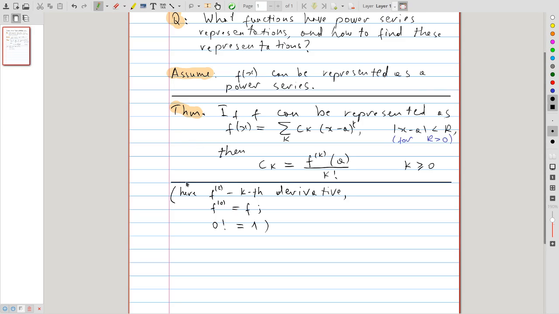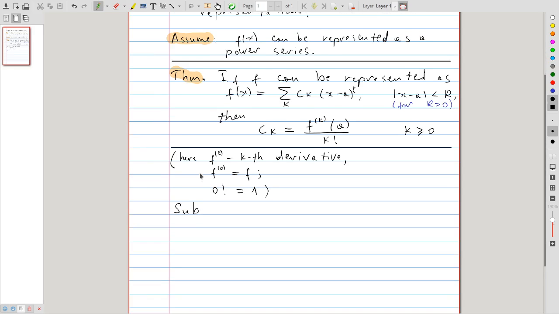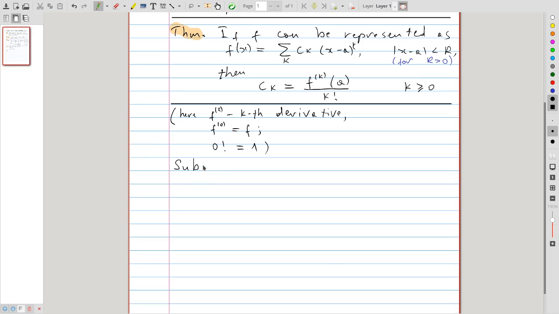So let us substitute the expression for c_k into the power series. And as a result, we obtain the following expression.